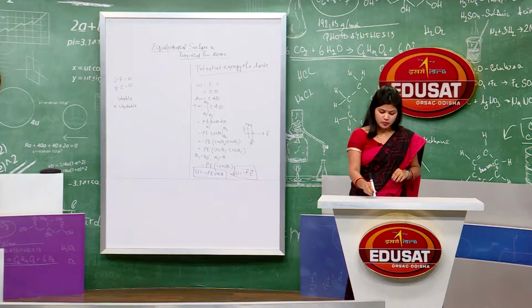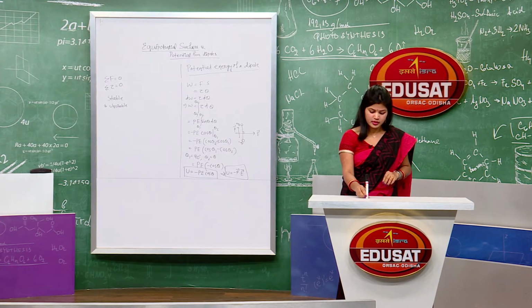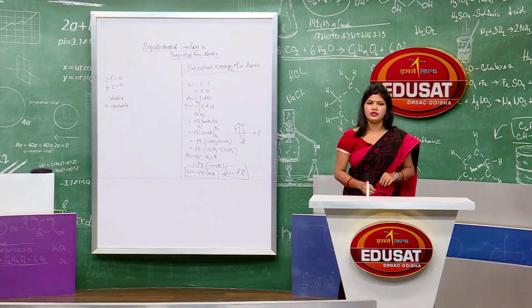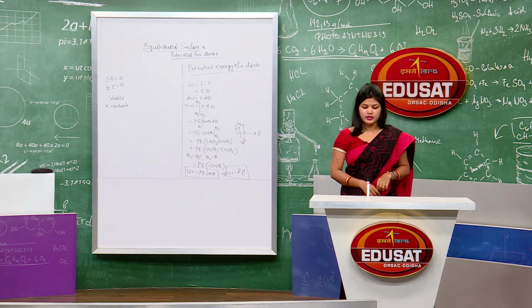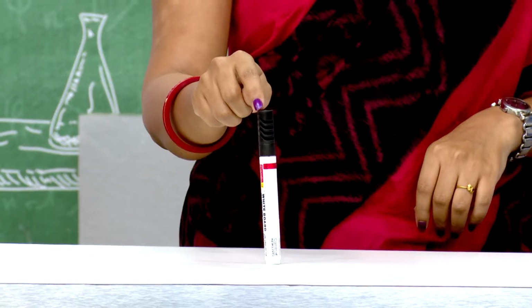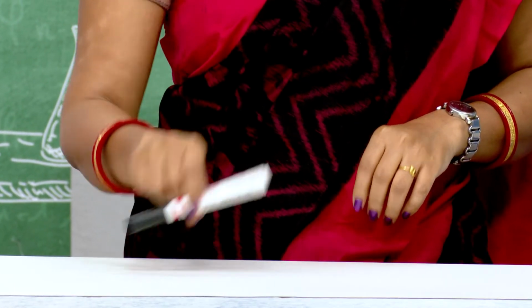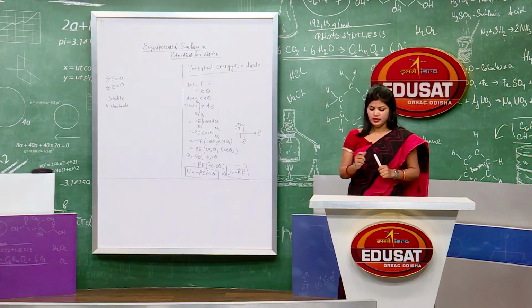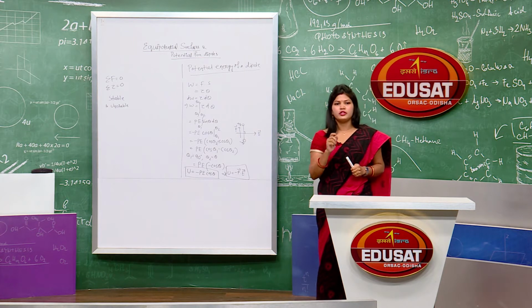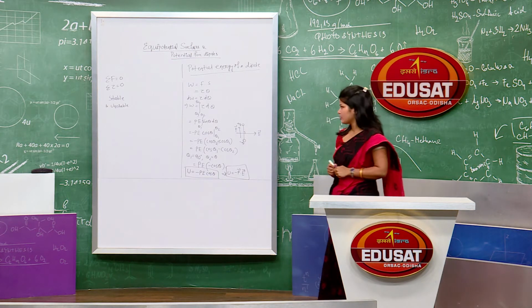Suppose this marker is resting on the table. If I disturb it a little, it will not come back to its original position, so it is said to be in unstable equilibrium.